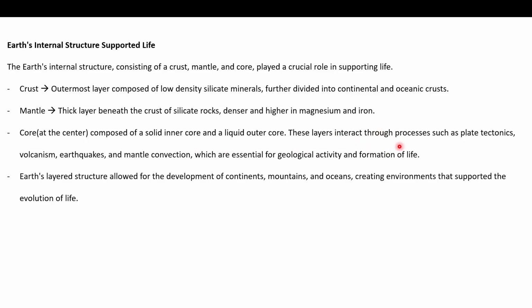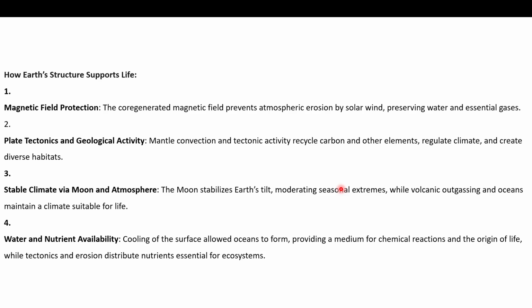These layers interact through processes like plate tectonics, volcanism, earthquakes, and mantle convection, which are essential for geological activity and the formation of life. Earth's layered structure has allowed for the development of continents, mountains, oceans and other geographic features that eventually created the environments and atmosphere in which we and other living organisms can thrive.